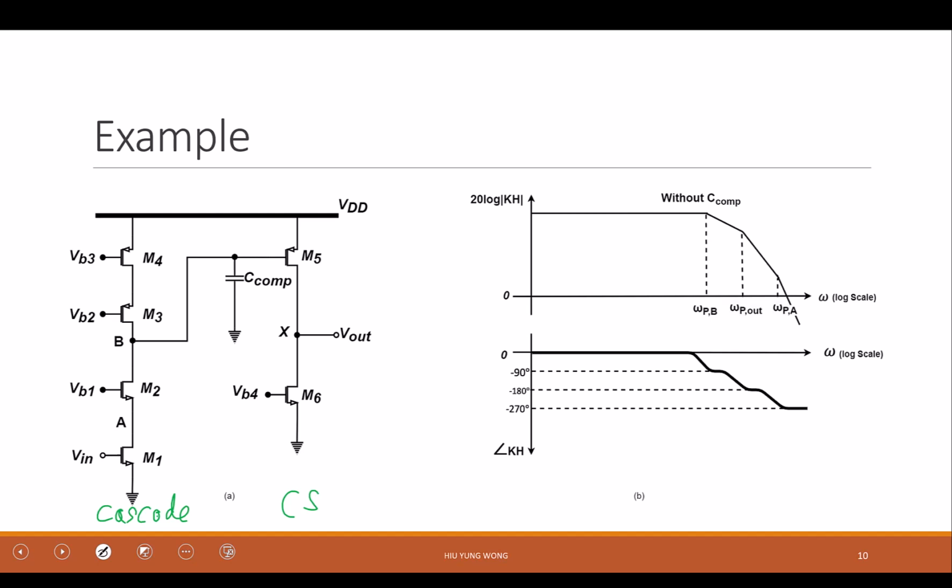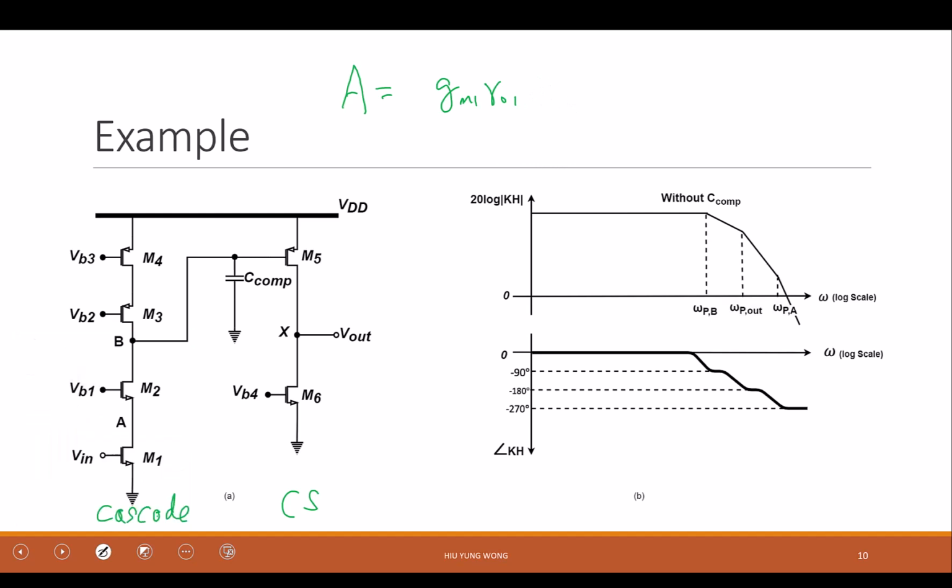What is the gain of this circuit? It's going to be really large. What is the gain of a cascode amplifier? You can do approximation. Say again.